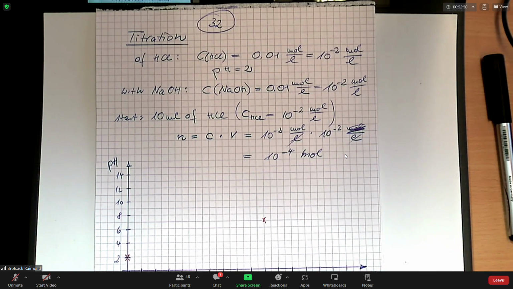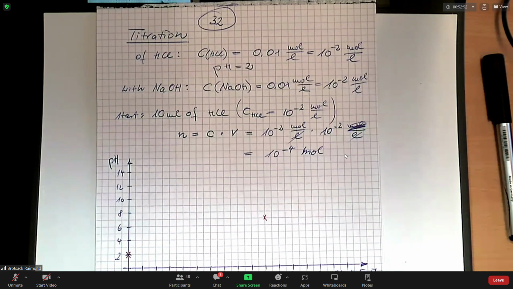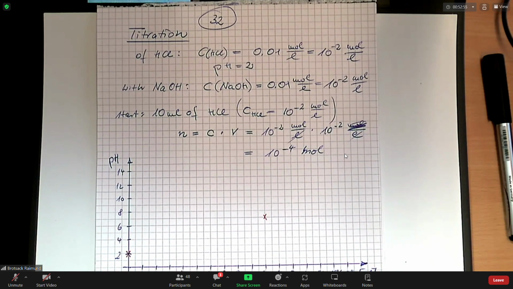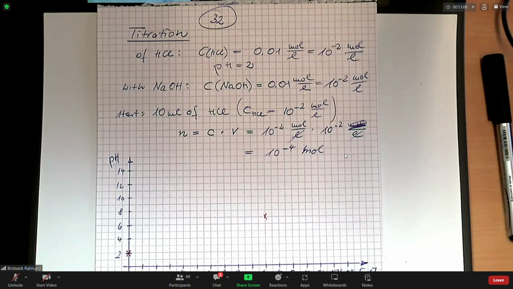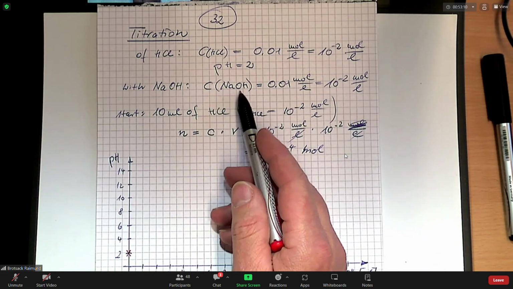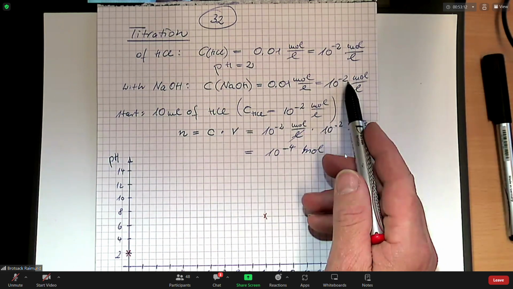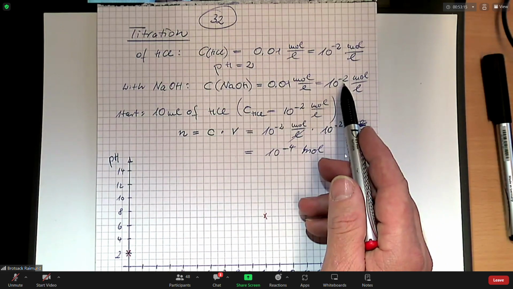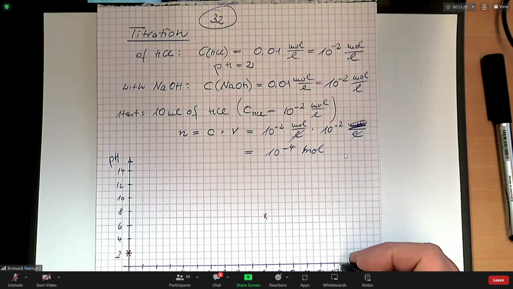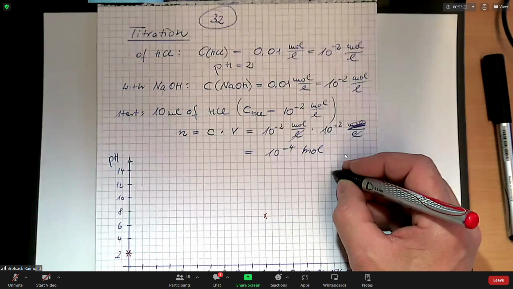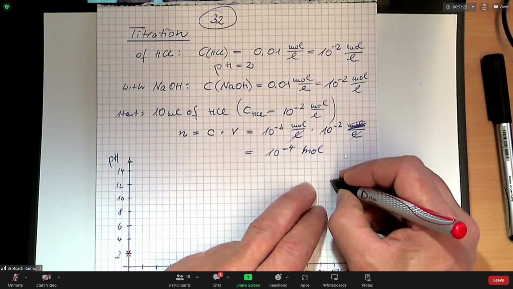And when we add a huge amount more NaOH, where will we end up? What can we say exactly? We can say exactly where we will end up. Not 14, because the concentration is 10 to the power of -2, which means the pOH is 2, so the pH must be 12. So we will end at 15, 16 milliliters, whatever, at a pH level of 12, something like this.